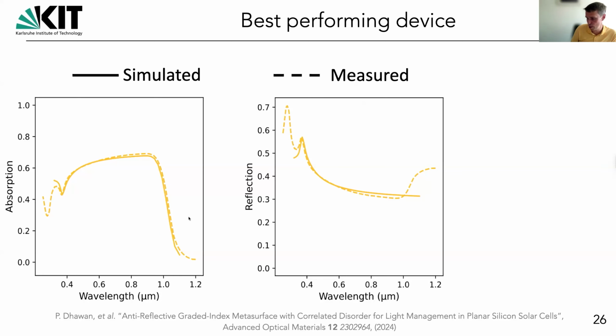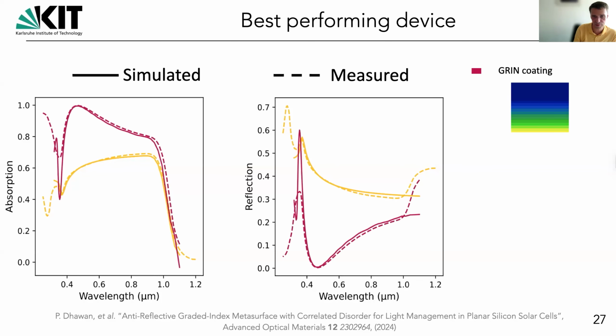And the best performing devices are shown here in this figure. So here we have this absorption in our solar cell, and here we have this reflection in our solar cell. The solid line is the simulated results, and the dashed line is coming from the experimental results. This yellow line was the reference data, and then the best sample with this gradient index layer is shown here in red.